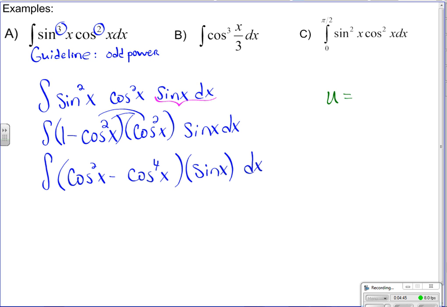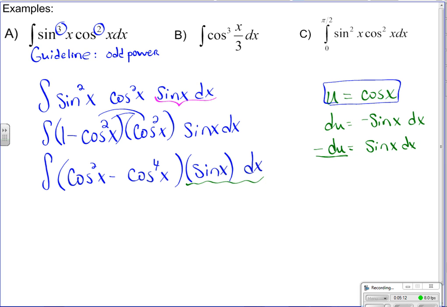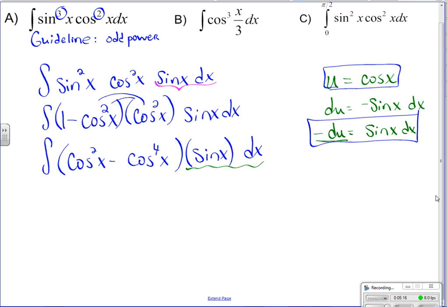If I let u equal cosine, then the derivative of cosine is negative sine x dx, which I could write as negative du is equivalent to sine x dx. And there's our sine x dx, so that's going to get replaced with negative du. Every place I see cosine, I'm going to replace it with u, and where I see sine x dx, it's going to get replaced with negative du.